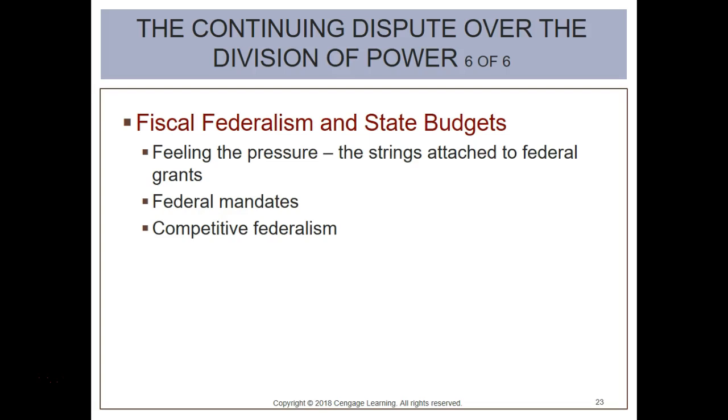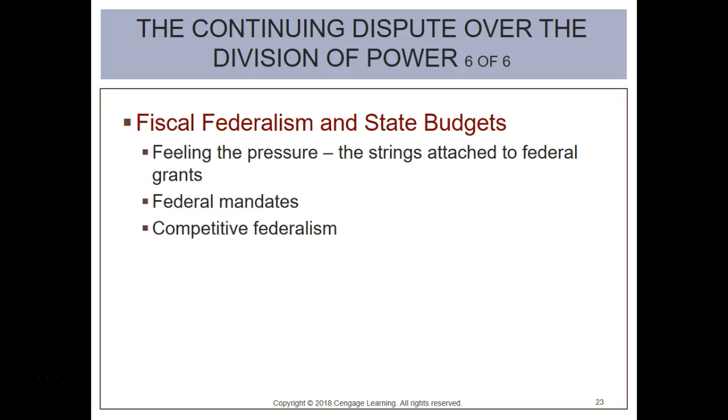Fiscal federalism and state government. Fiscal federalism is how funds are raised either by taxing or borrowing from one level and spent at another level. So that's how that works. There are a lot of intricacies when these policies are written.